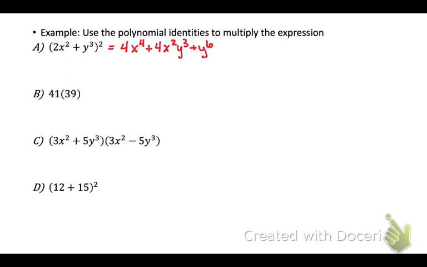So if you want to write it out longhand, it is 2x squared squared plus 2 times 2x squared y cubed plus y cubed squared. Isn't that what we did? Do we have to write in order? Like 4x to the fourth, y cubed, and then y to the sixth. Yes.